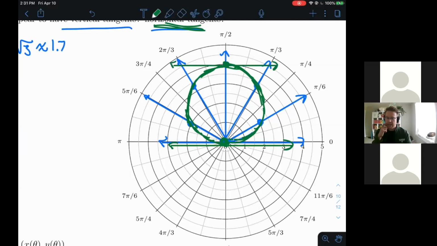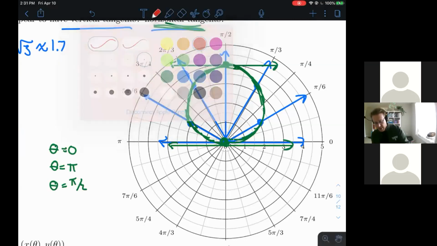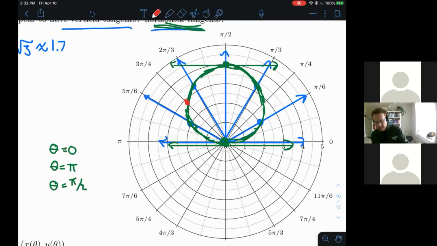And so remember that these happened when we had like theta equals 0 was down here at the base, or theta equals pi was also down here at the very bottom of it as well. And at theta equals pi over 2, for instance, that was when we were at the very top. For the vertical tangents, it's hard to say exactly, right? Somewhere maybe around here. It's maybe hard to say exactly, but I would say maybe at these pi over 4s.